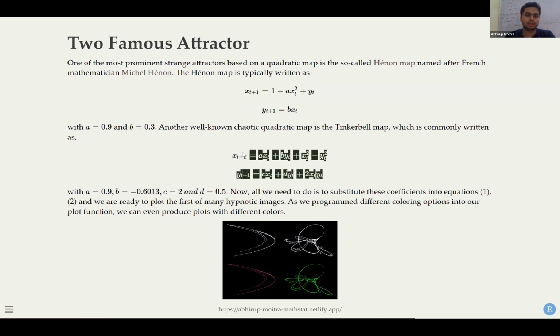Using this model, here is what I just did. You can see these visualizations, and I can zoom. It is programmed in our own programming environment. As we program different coloring options into our plot function, we can even produce plots with different colors.